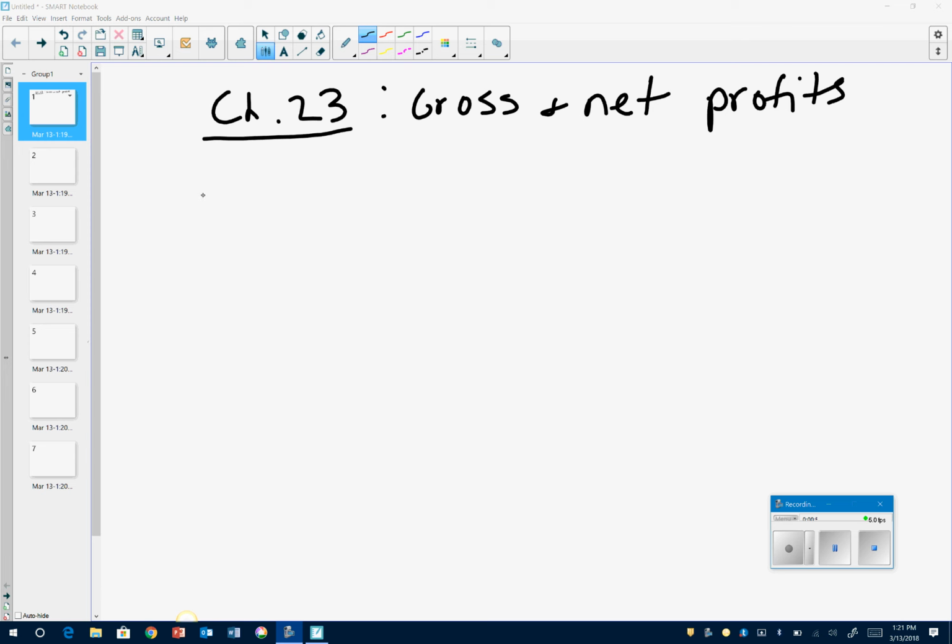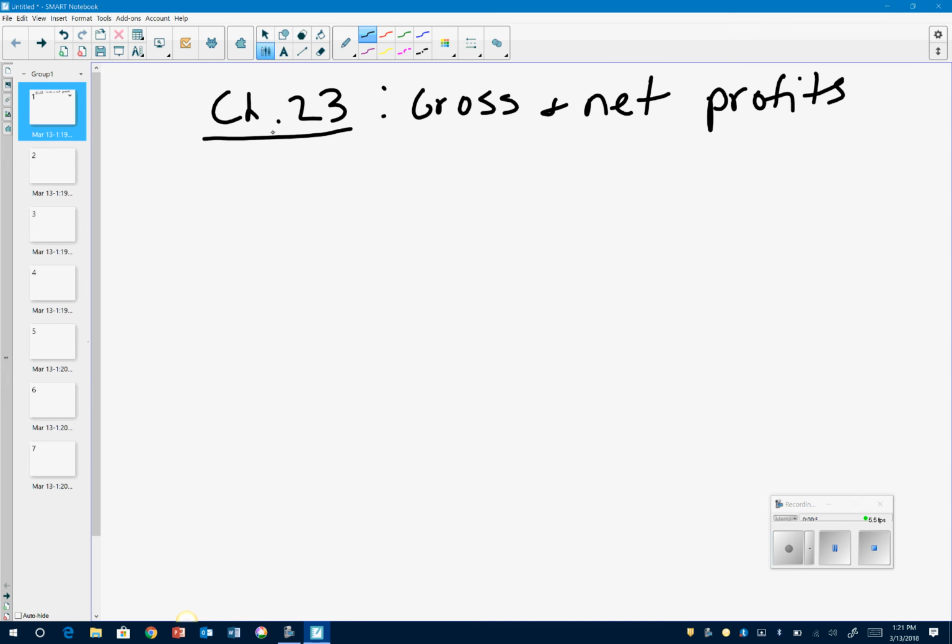So the gross profit formula, of course, these are in your book, but I always abbreviate GP for gross profit. That is going to equal your selling price, SP, my abbreviation for that, minus your acquisition cost, which is abbreviated AC. Now, if you're trying to find the net profit, my abbreviation for net profit is NP.